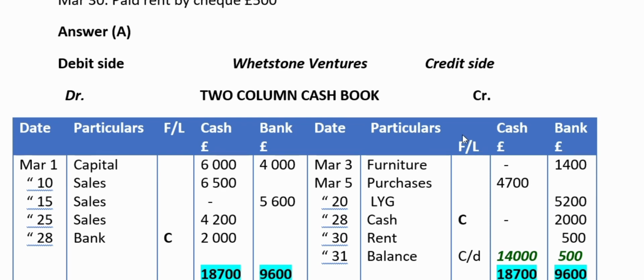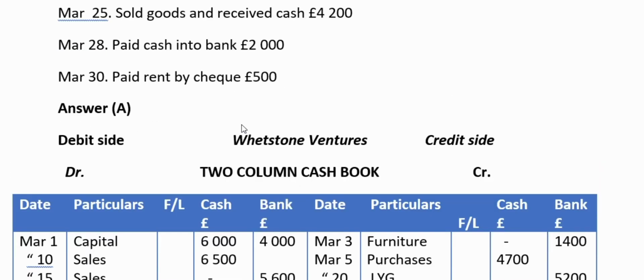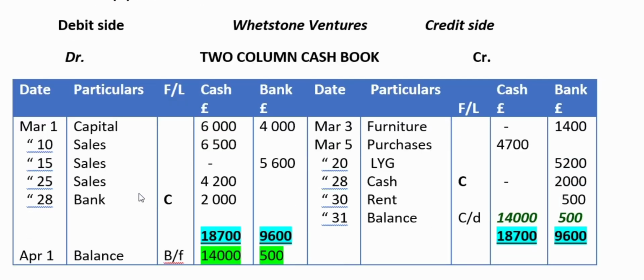So we are through with all the transactions and want to see how we can add them up in the cash book. In the cash book, on the debit side we have a cash column and a bank column. On the credit side we also have a cash column and a bank column. Let me quickly mention the purpose of the folio column, abbreviated FF.